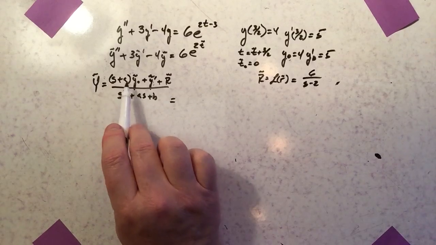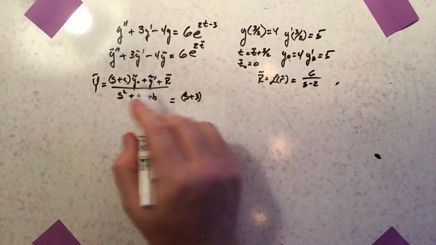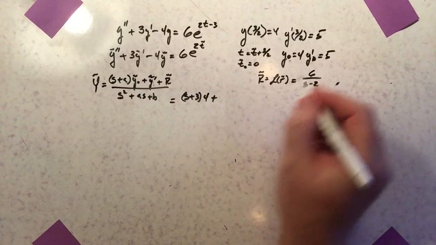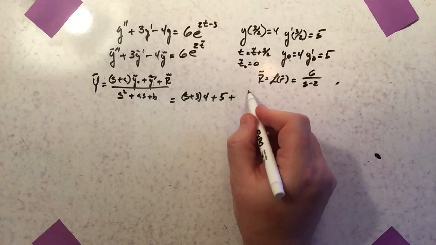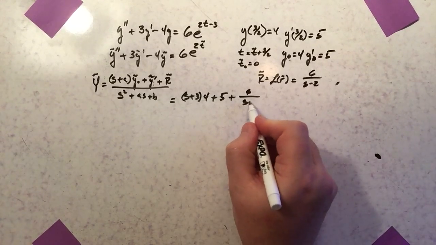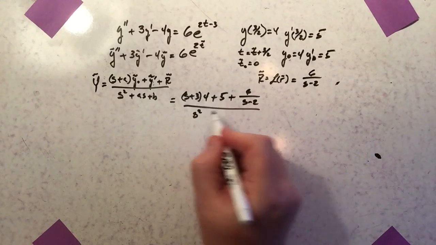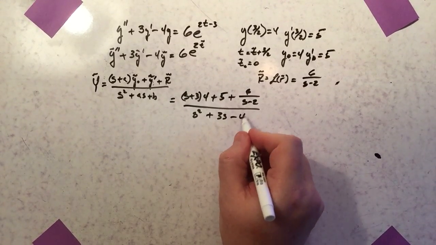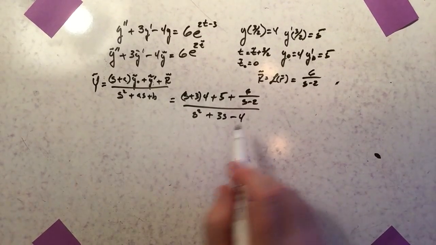So the numerator, s plus a, is going to be s plus 3 times y naught, which is 4, plus y prime naught, which is 5, plus the new r tilde, which is 6 over s minus 2, and then the whole thing is over a denominator of s squared plus 3s minus 4. Okay, so this then becomes my Y function.